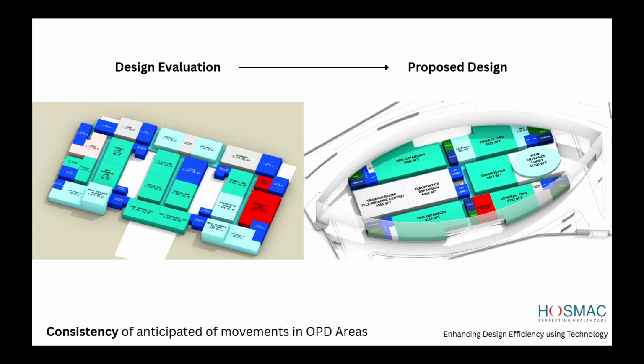So in this case, it's a bit different. We already had a design which was done by the client before, and we came in to evaluate the existing design and propose a new design. And I'll show you that even though these geometries look very different, I'll tell you what went behind these geometries to actually conclude the proposed design.